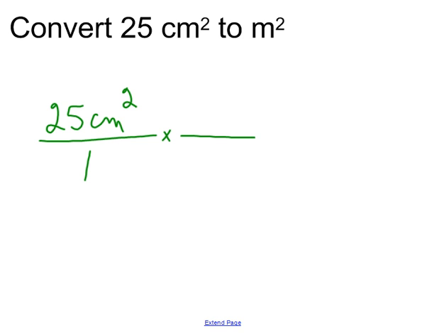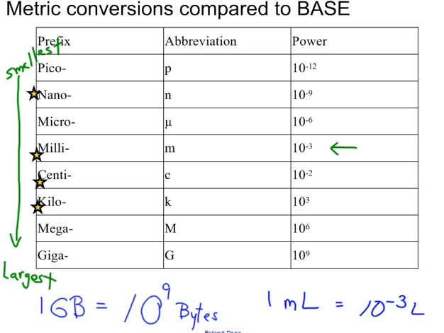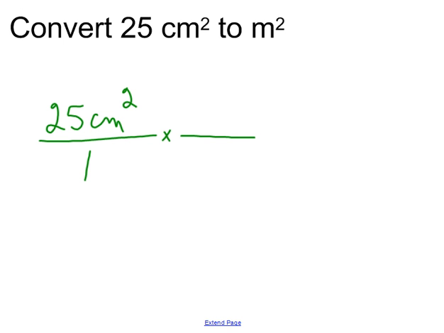Well, if you notice, the metric conversion doesn't show anything about squared units, but we do know something. We know that 1 centimeter equals 1 times 10 to the minus 2 meters. We do know that. So we can use this conversion factor in our ratio.